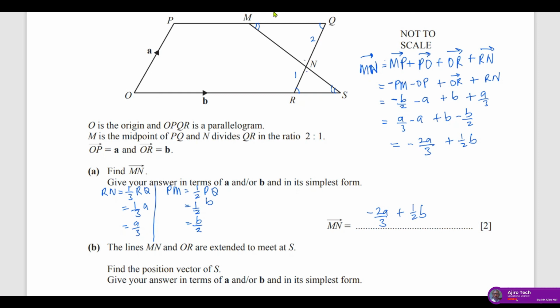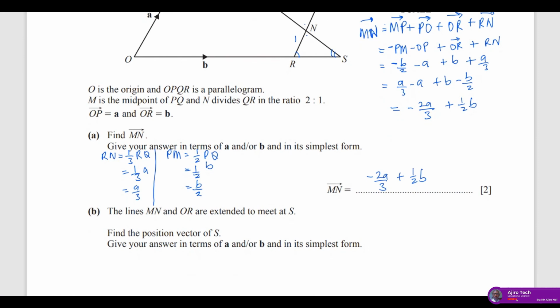That means that MNQ is similar to RNS. No, S and R. Let me follow the angles. S and R, because of the angles.